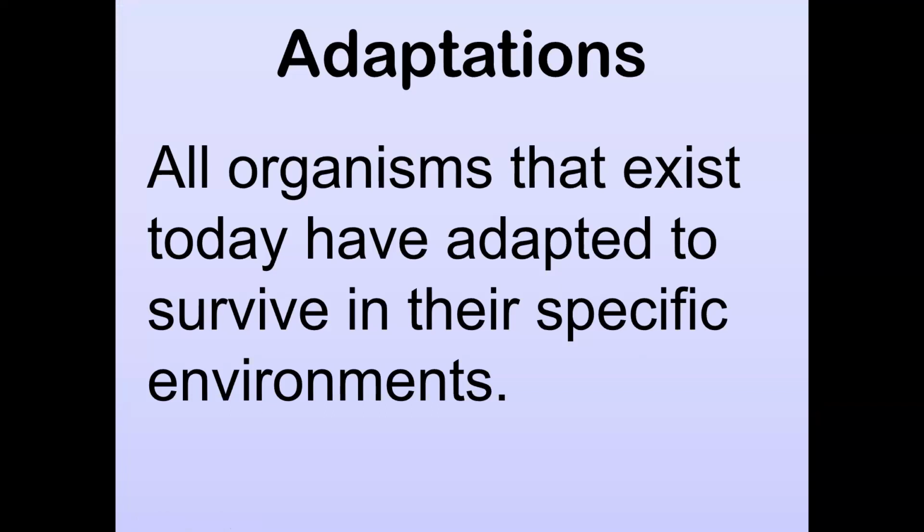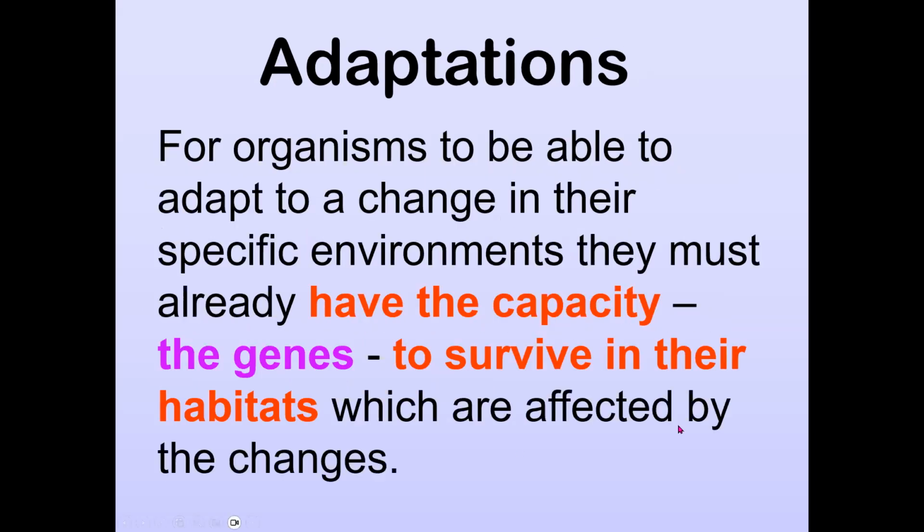So any organism, including man, has adapted. They have evolved, and evolution comes into this. But they evolved and adapted to a specific environment that they live in, and there will be lots of examples.